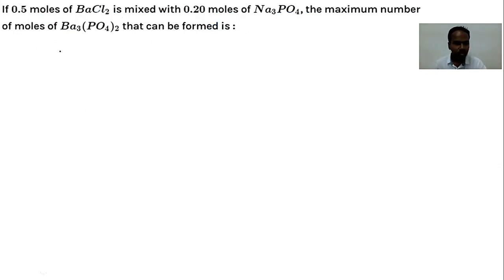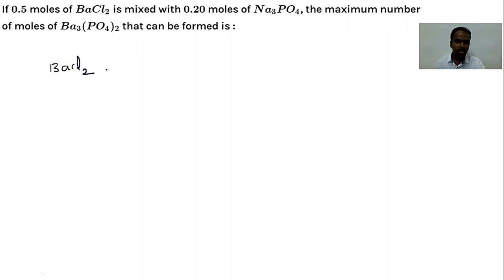This is a previous JEE Mains question. If 0.5 moles of barium chloride is mixed with 0.2 moles of sodium phosphate, the maximum number of moles of barium phosphate that can be formed is. So this question also belongs to limiting reagent. First we have to write the reaction between BaCl2 and sodium phosphate.